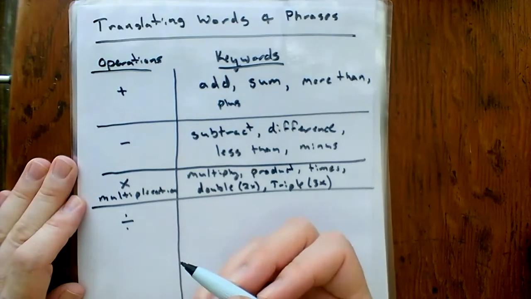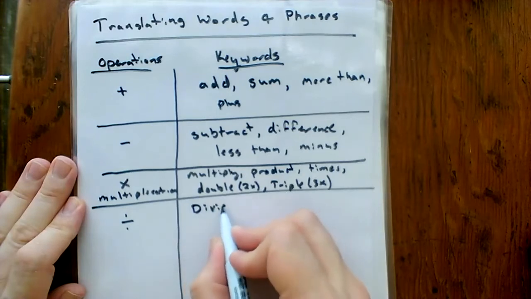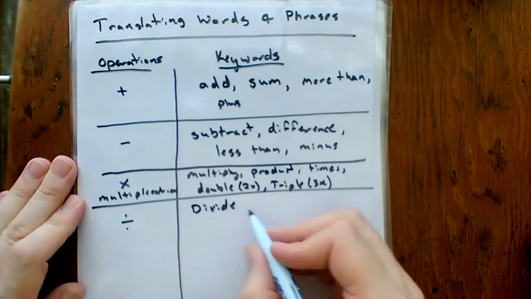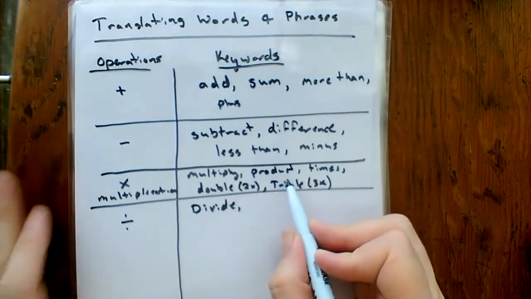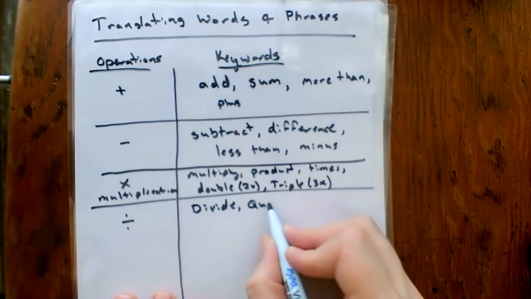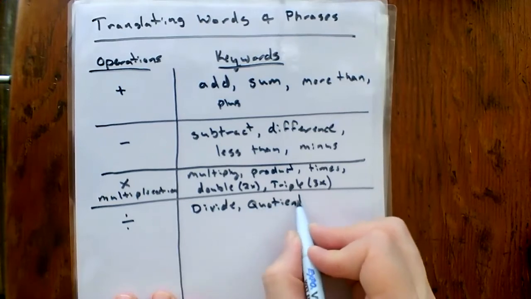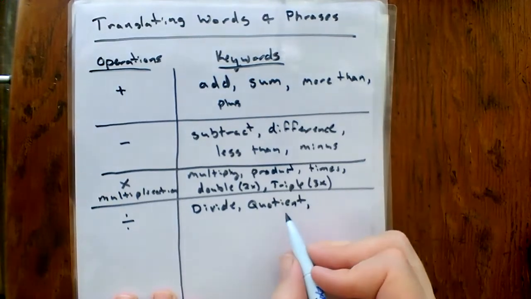Now let's do division. Division, I've got divide. Divide or divided by. We've also got, what is the answer for division but a quotient? It always amuses me when I hear people say this for the first time, and it's okay.